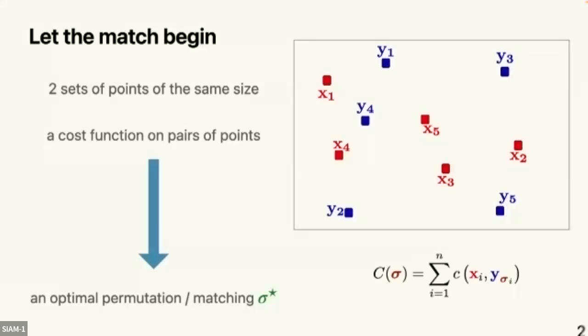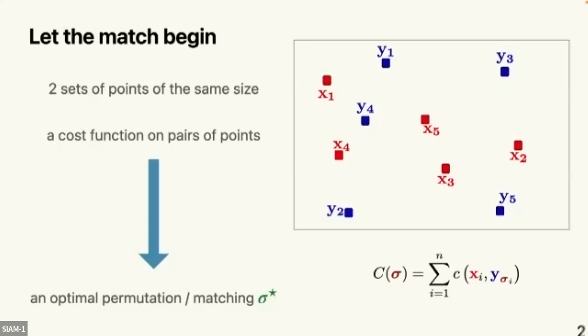Well, first, as with any optimization problem, I have to define an objective function. And here my objective function is going to be C of sigma, where sigma is a permutation, any permutation of that set of 5 items. So there's 5 factorial possible permutations.